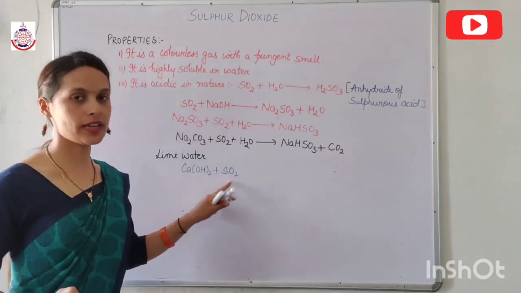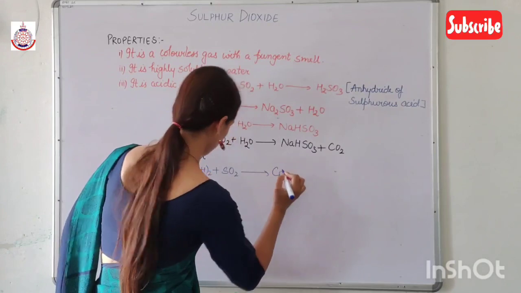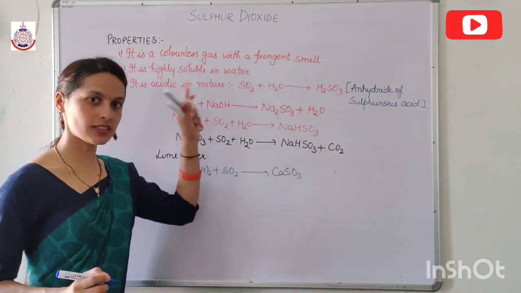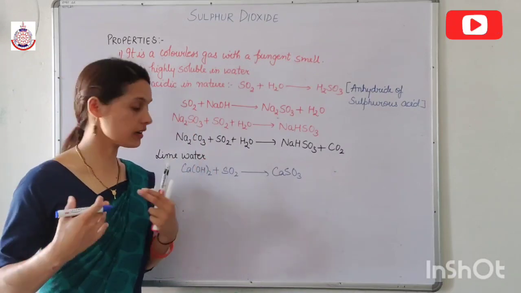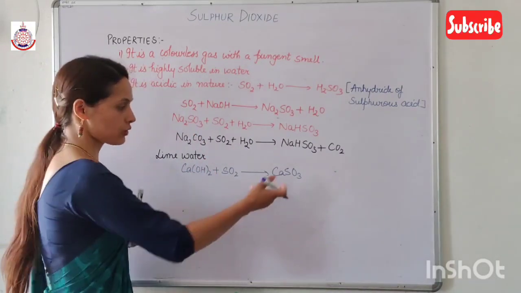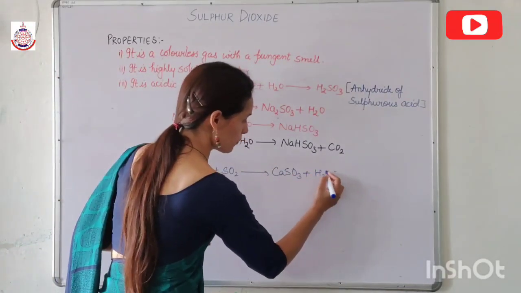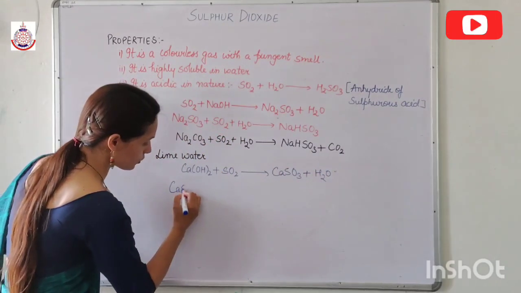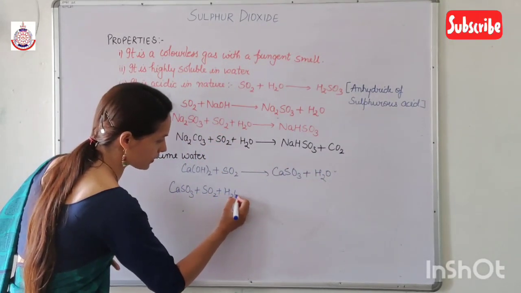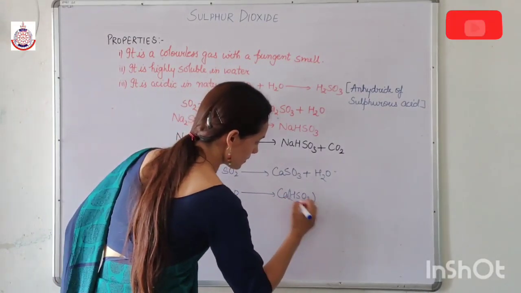This Ca(OH)2 reacts with SO2 to form CaSO3, just as in that case we get CaCO3, that is calcium carbonate. So here we get CaSO3 plus H2O. And when this CaSO3 reacts again with excess SO2, we get Ca(HSO3)2.